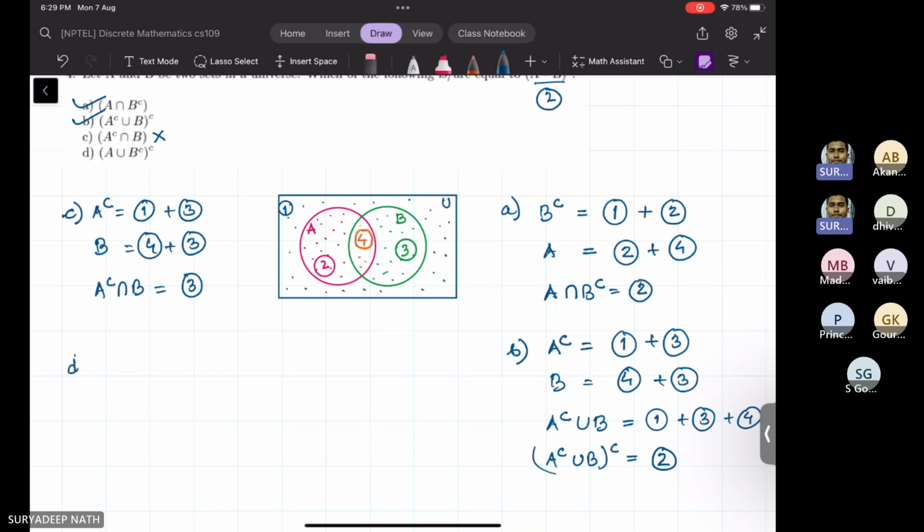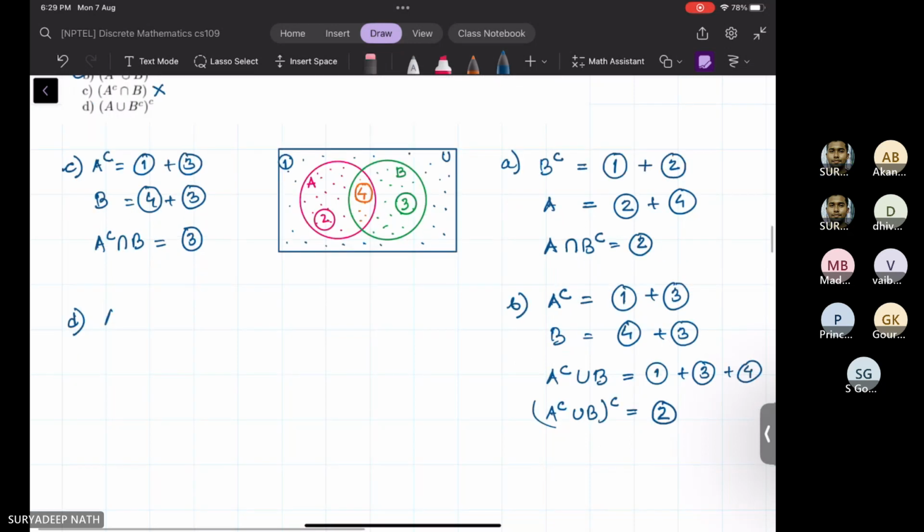And if we check option D, it is A union B complement. Let me write it first. A is 2 plus 4.